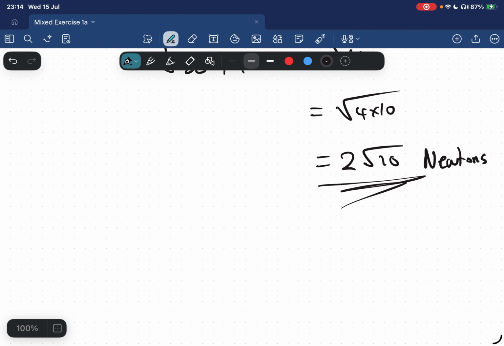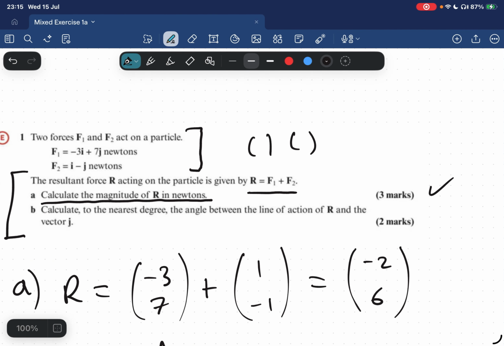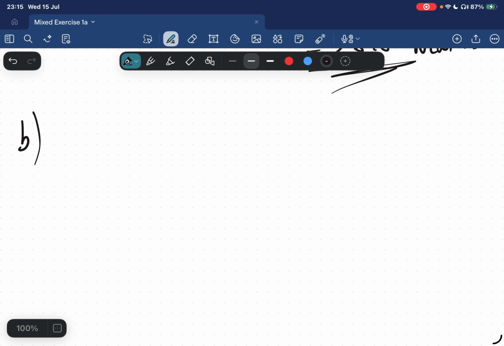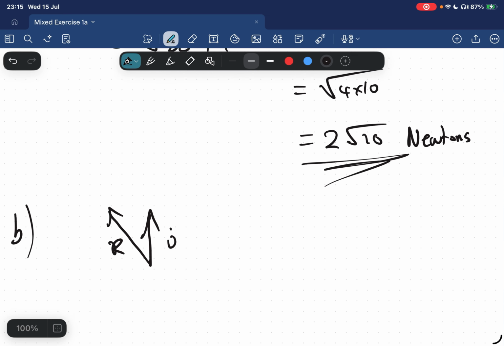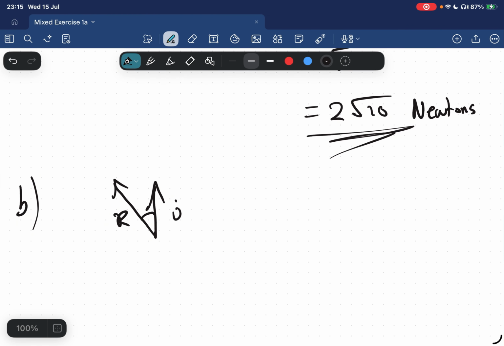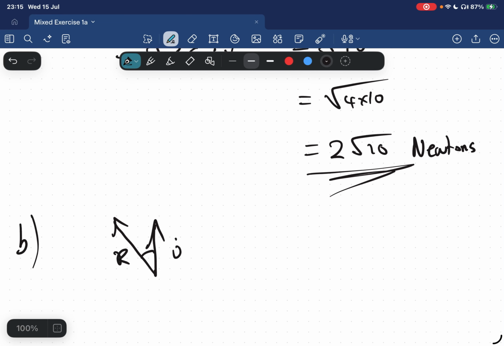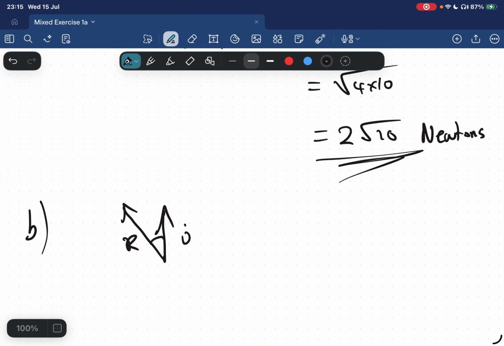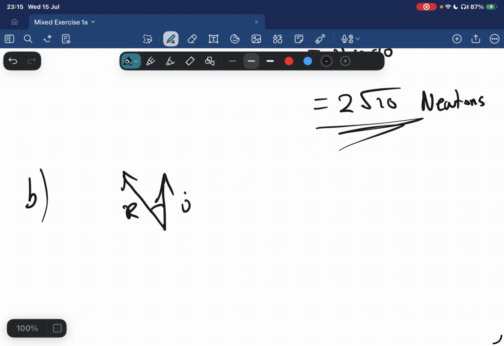Well, let's put B. We know what the vector J is, so let's put the vector J. And the line of action of R, it would make sense that this is R, right? And the angle between these. Even if you're not 100% sure what the line of action is, this is a very, very good place to start: finding the angle between these two vectors.